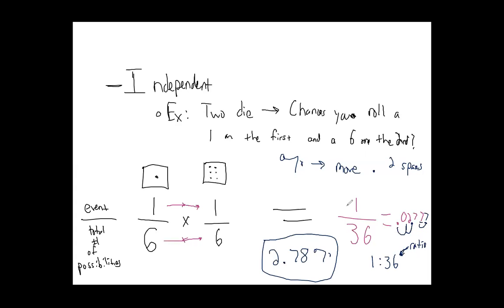Okay. So let's talk about a dependent example of probability. So right now we're going to talk about, here's our example. You have a deck of cards.